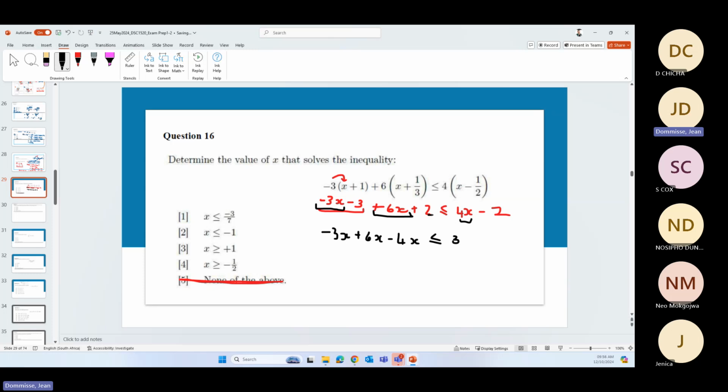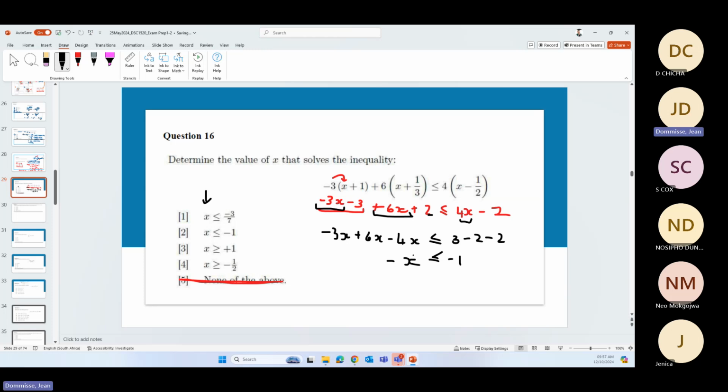This was plus 2, so that becomes minus 2, and minus 2 stays minus 2. So minus 3 plus 6 is plus 3, plus 3 minus 4 is minus x. And then on the right-hand side, 3 minus 2 is 1. 1 minus 2 is minus 1.